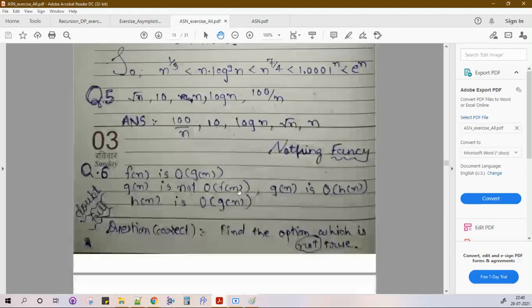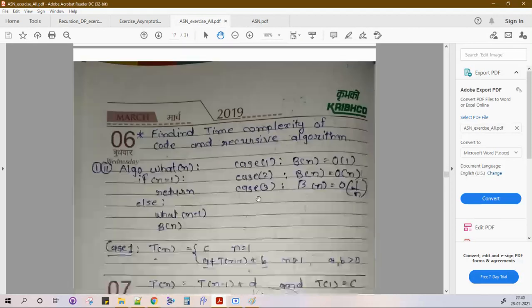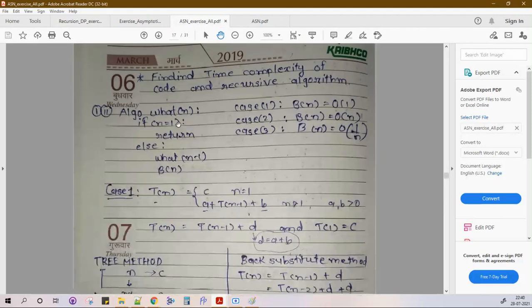Yes, this is the PDF, I guess. So this is what we have: if n equals 1, return, else this is the case. I just wrote it in Python format from C. In case 1, b of n is order of 1, meaning we are just taking the input of username and password, so it would be order of 1 always.